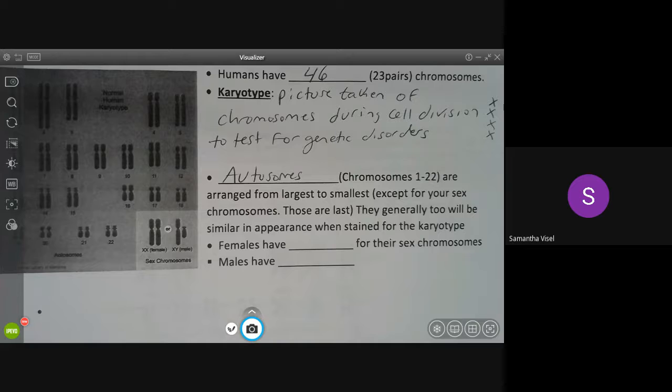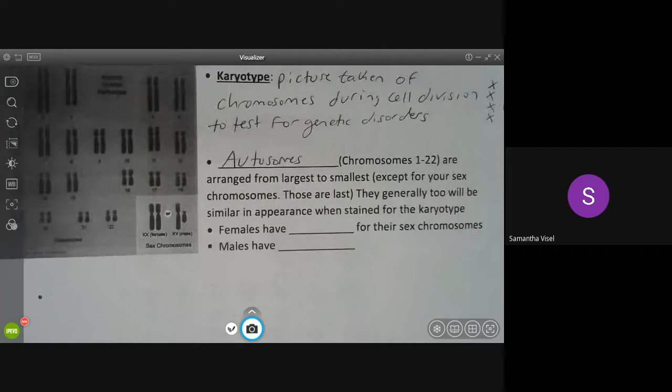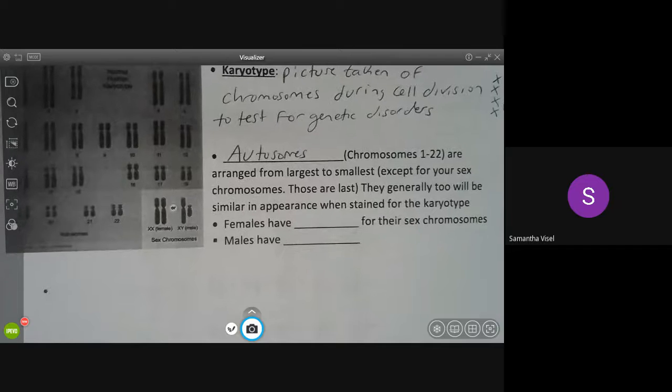The sex chromosomes are at the end here, and it's the sex chromosomes that determine those characteristics that a particular sex will have. That's what keeps them separate from those autosomes, as well as what sex you're born with.